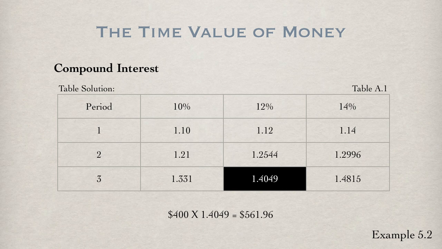Again, we can derive the future value by utilizing table A1 in the back of our book, as we did previously. If we find the correct rate of return of 12% and the appropriate 3-year period, we arrive at a future value factor of 1.4049, which is then multiplied by our initial investment of $400, resulting in a future value of $561.96.